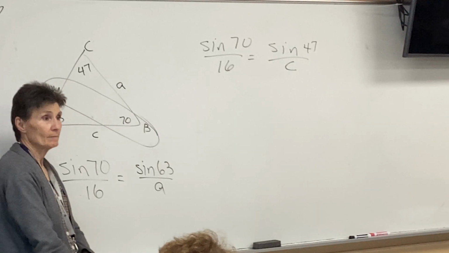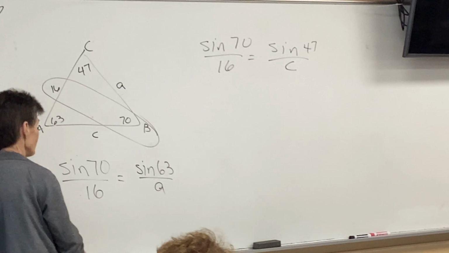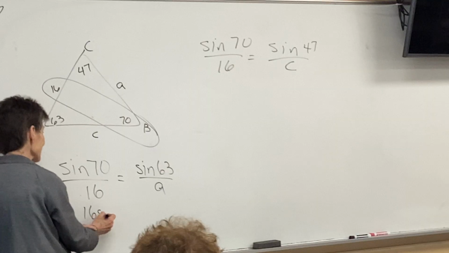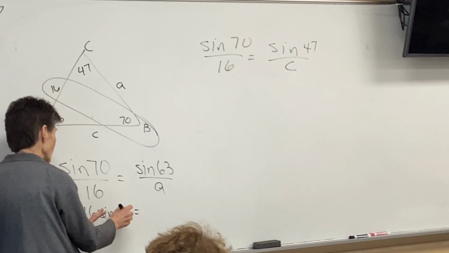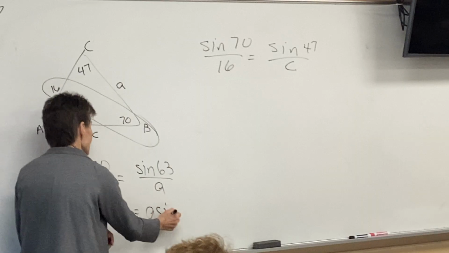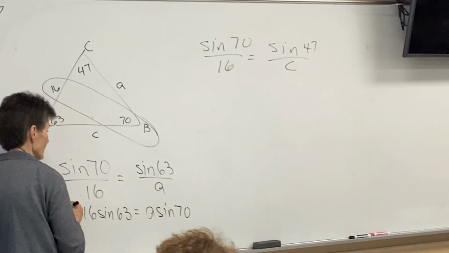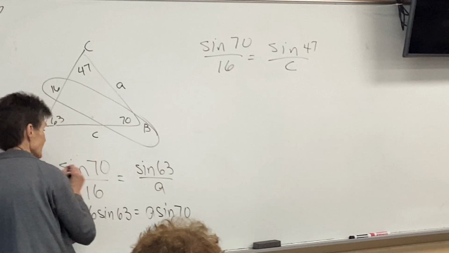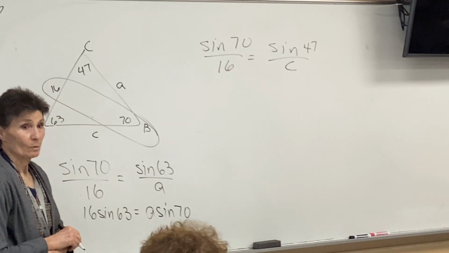Are you okay? Do that? All right, here we go. Cross multiply. 16 sine 63 equals A sine 70. What do we divide by?